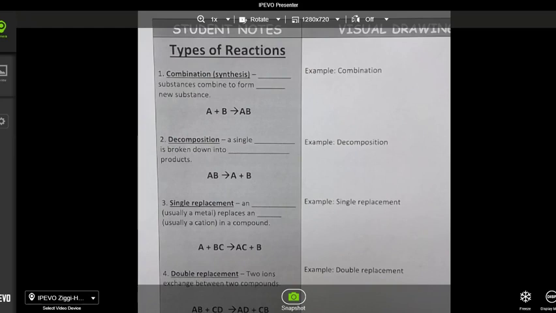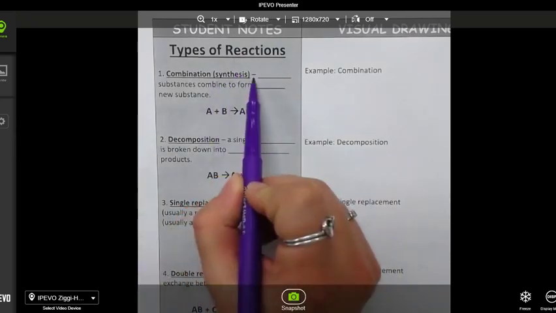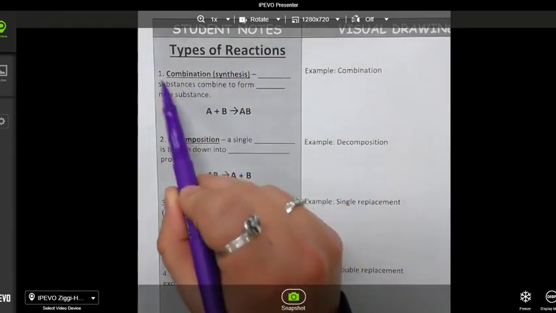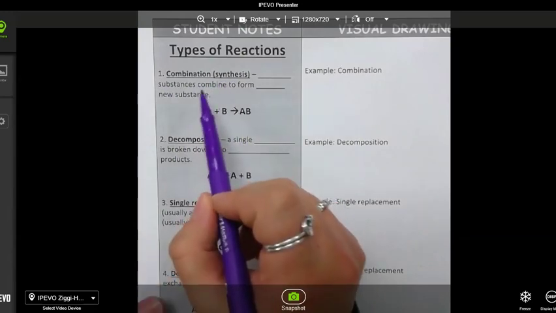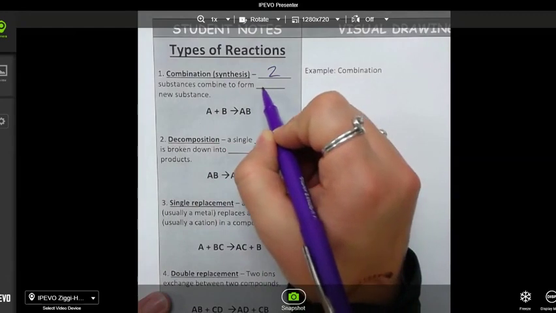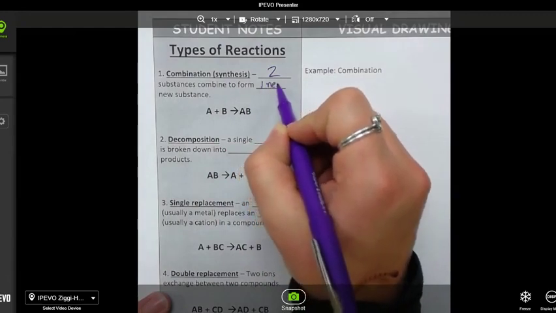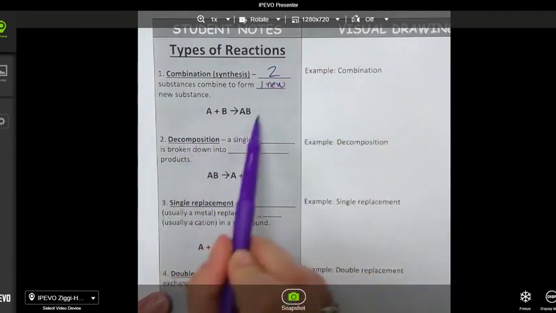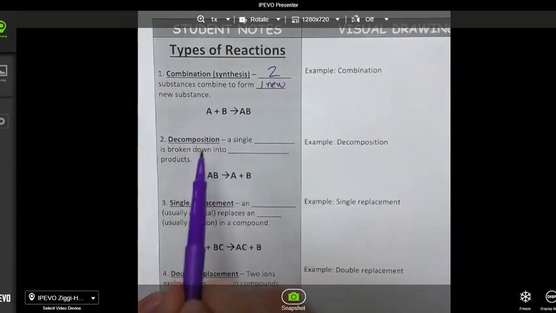So the first type of the 5 is something called the combination or synthesis reaction. The word synthesis means to synthesize, which means to combine, which is what combination is. And what happens is that there are 2 substances that combine to form one new substance. So this equation right here shows us what can happen.